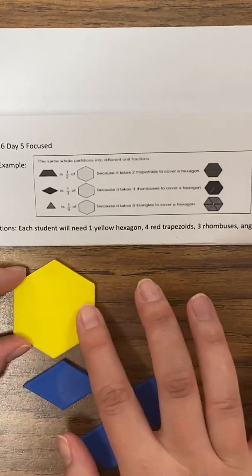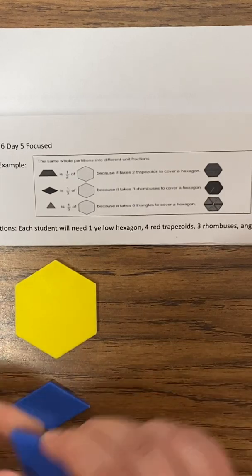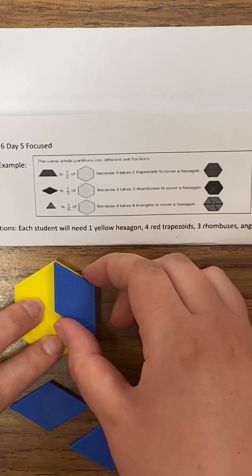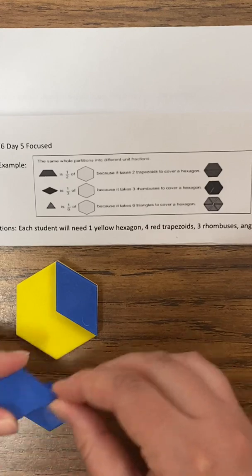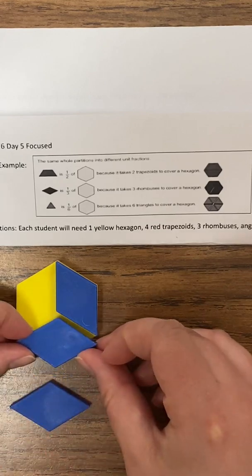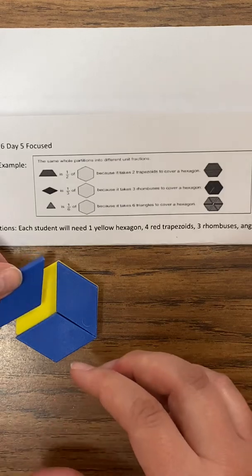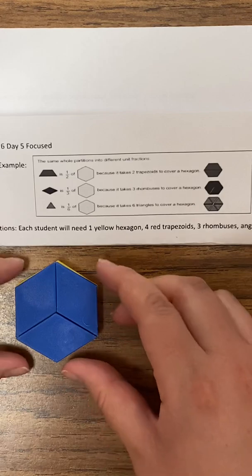So we have our whole hexagon. Boys and girls, as you are watching, we have to match. So we have 1/3 of a hexagon, 2/3 of a hexagon, and then the third and last piece makes a whole hexagon.